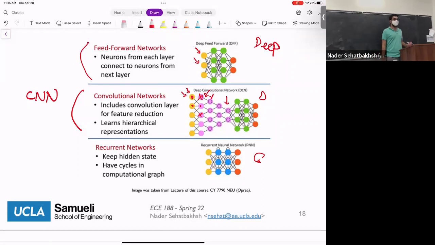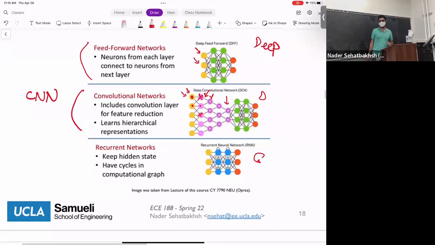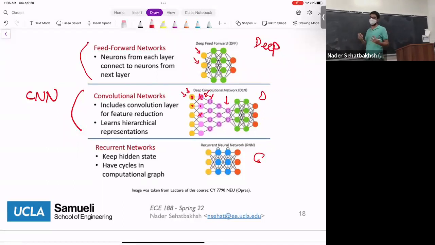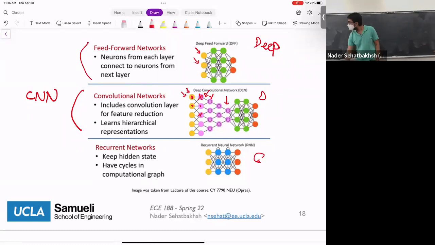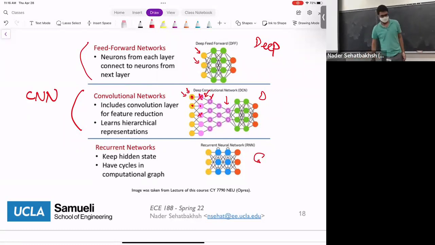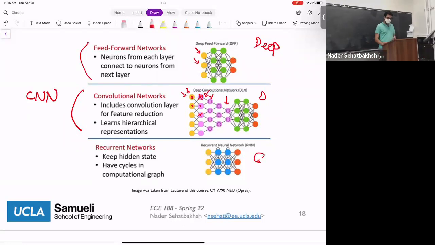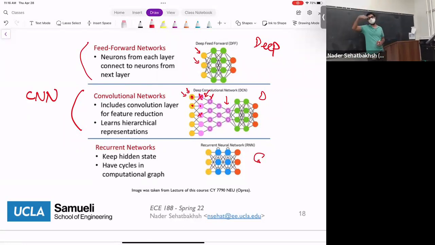People have shown that this is useful for time series signals, for something where history plays an important role. So it's not just the location of the inputs, but also history or time is an important factor in your system. That's why you need to have some sort of feedback from yourself, so that you factor in that part.